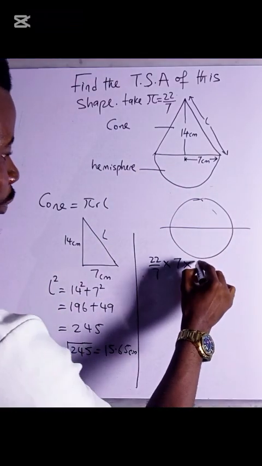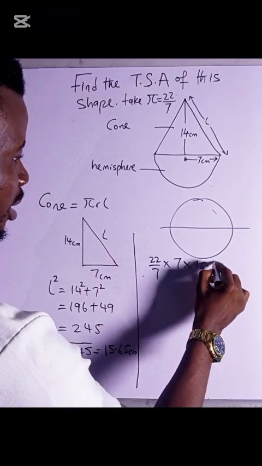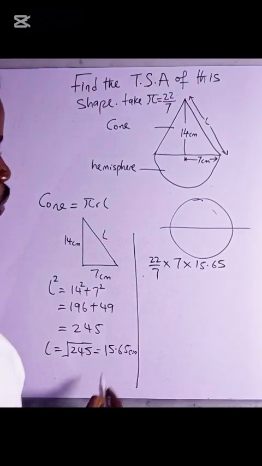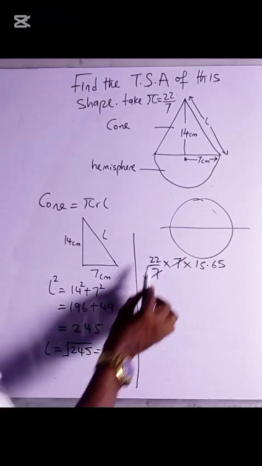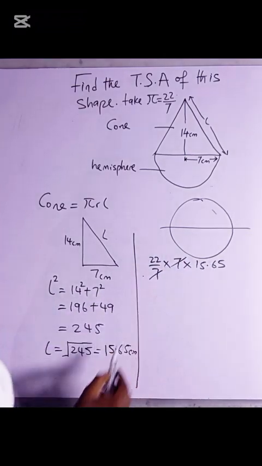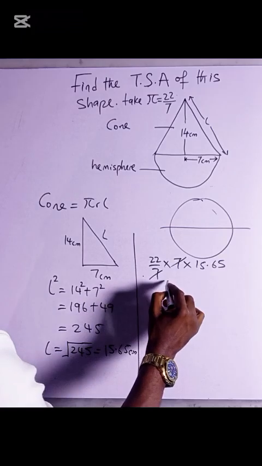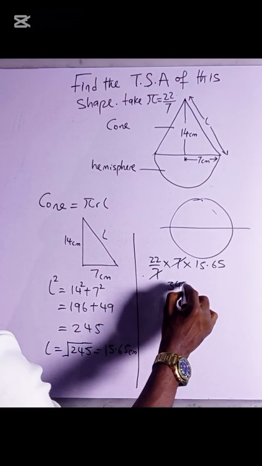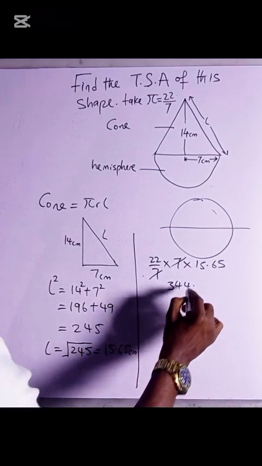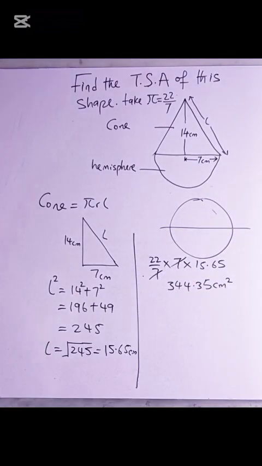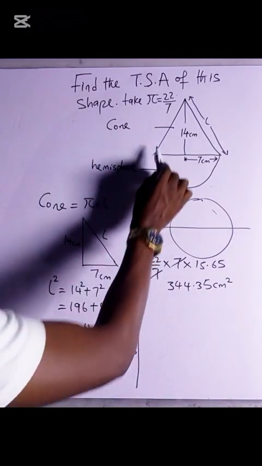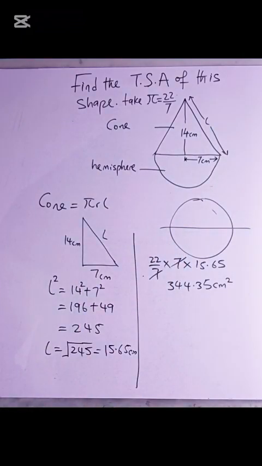The L, 15.65. So once we do our computation, 7 and 7 will cancel out. So you have 22 times 15.65. Once you do your computation, you're going to have 344.35 centimeter square. Now we have gotten the curved surface area of what?